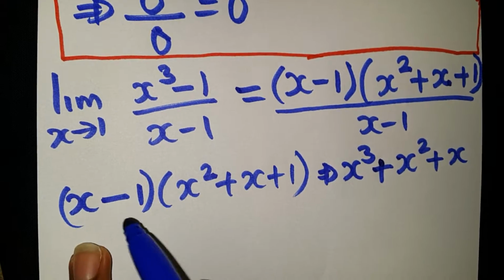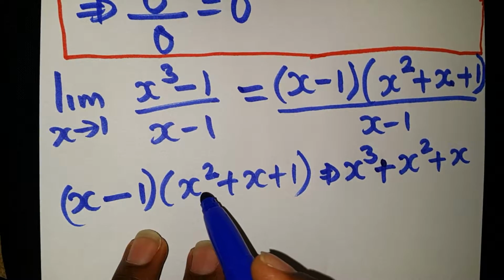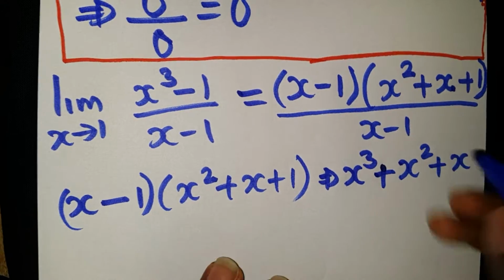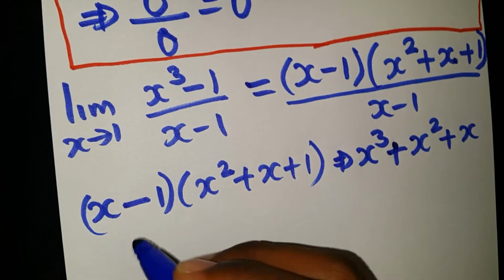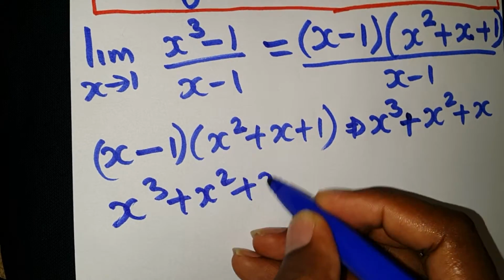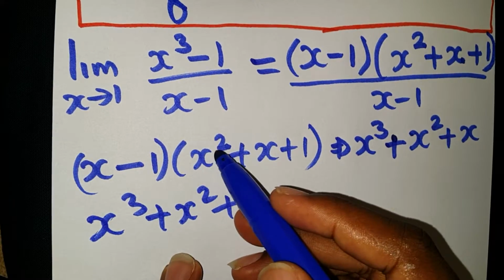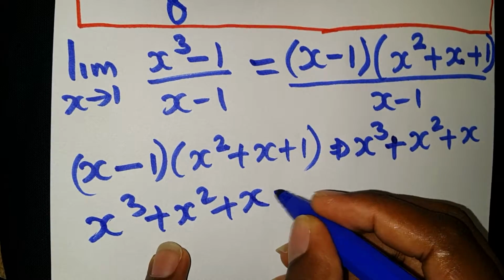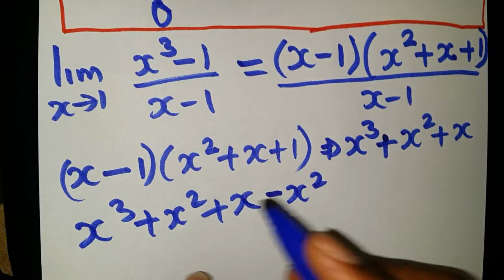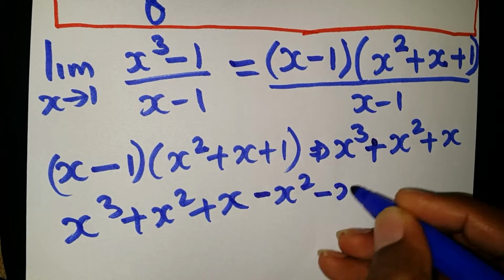Then minus 1 times x squared. We have x cubed plus x squared plus x. So minus 1 times x squared is minus x squared. Minus 1 times x is minus x.